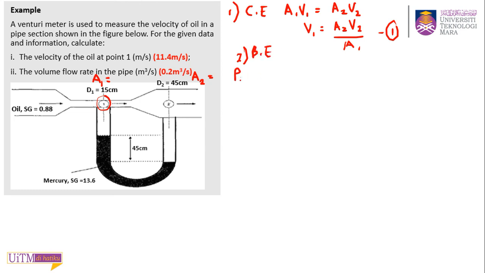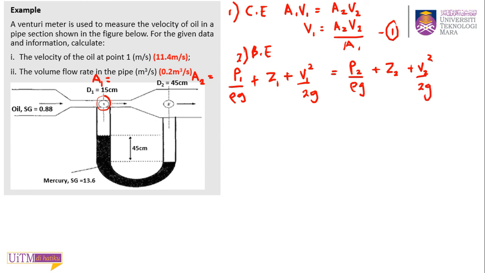Okay, the second step is to write your Bernoulli equation. P1 over rho G plus Z1 plus V1 squared over 2G equal to P2 over rho G plus Z2 plus V2 squared over 2G. Okay, again, what term can you cancel out in this case?